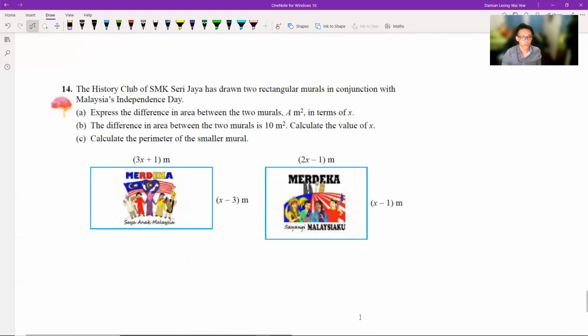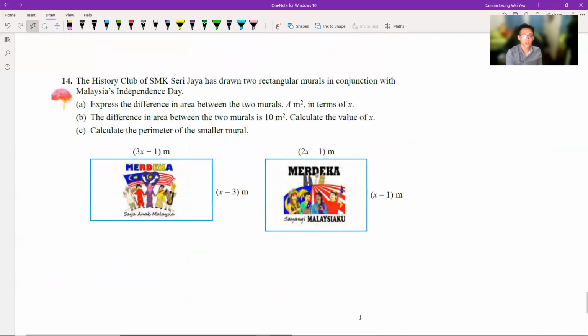And then for question 14, the History Club of SMK Srijaya has drawn 2 rectangular murals in conjunction with Malaysia's Independence Day. So part A, express the difference in area between the 2 murals, A square, in terms of x, right? So the difference between the two murals, difference in area between the two murals.